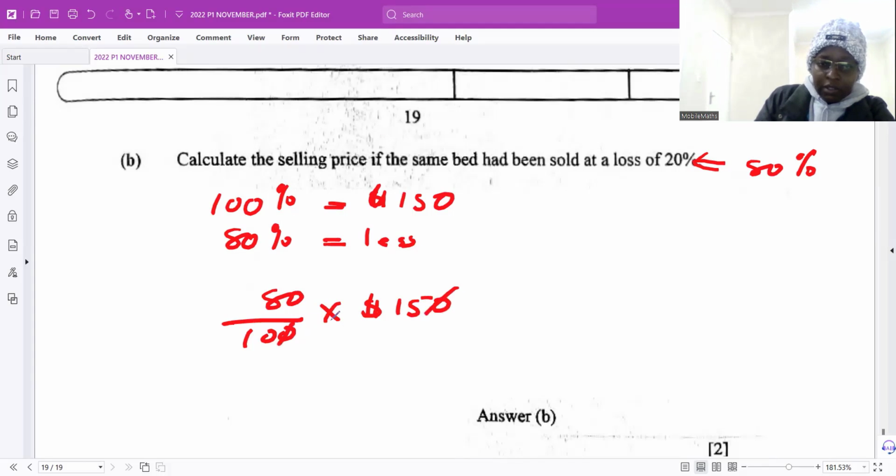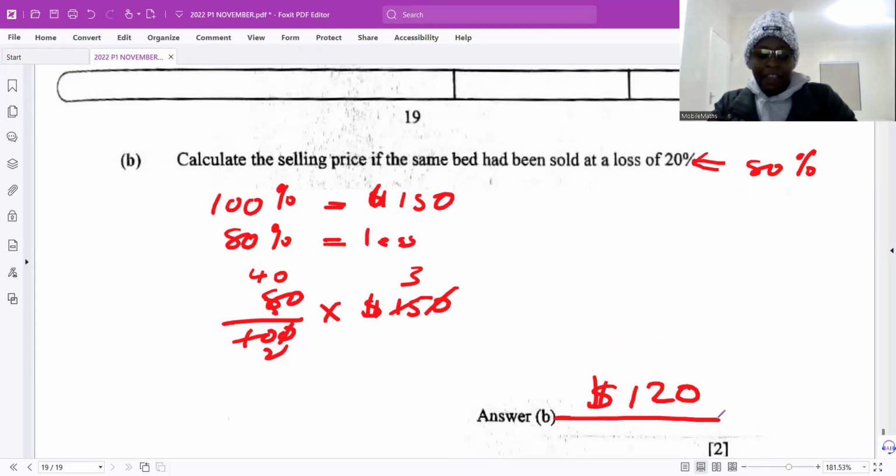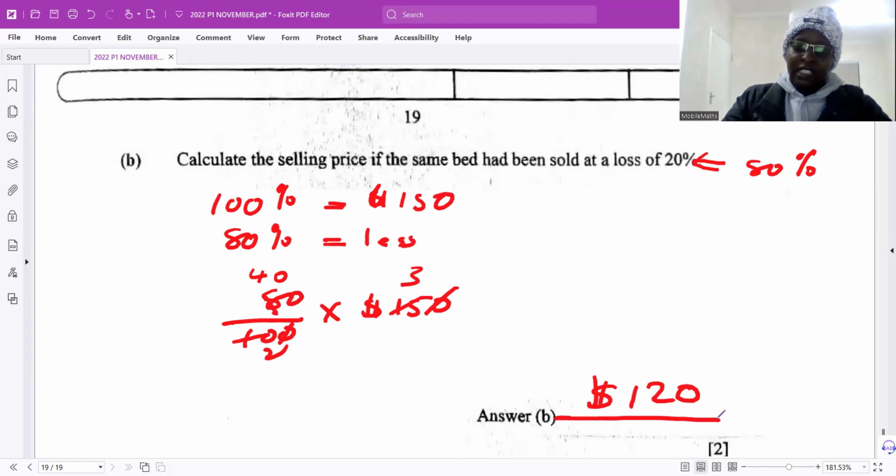Zeros here, zeros. 5 there, 3, 5 there, 2, 2 there, 40, 40 times 3 divided, that's like 20 there, times 3. Okay, I think I did my calculations correctly here. So I'm getting $120. Okay, fine. So that's the last question, guys.